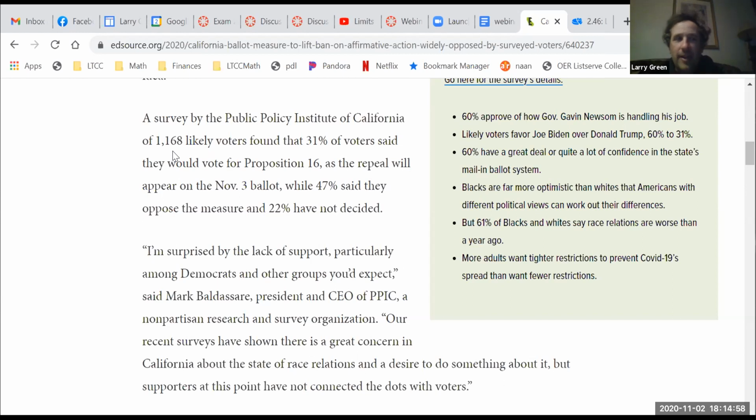What letter do we use for that number? Yeah, that's N. And in this case, with this particular example, I'm going to call it N1 and also N2, or NY and NN.